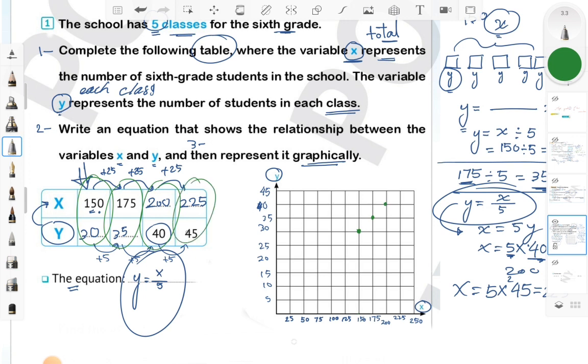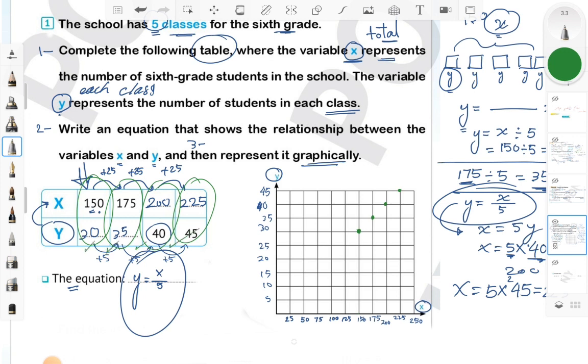Here we have 225 and 45. 225 on the x-axis and 45 on the y-axis. Now we reach the fourth ordered pair.